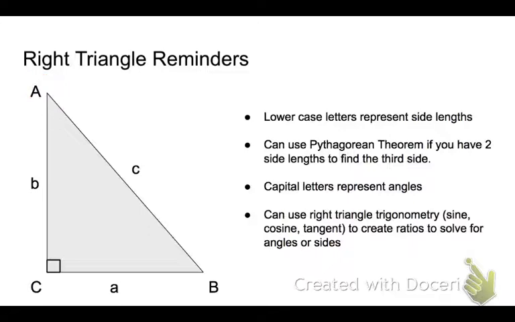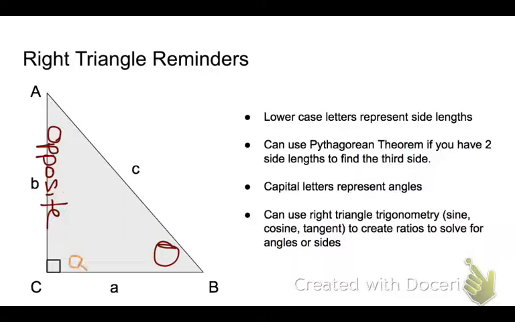Just as a reminder, if we're talking about an angle using the notation theta, this side little a is opposite. If theta is here, b is opposite, because it is across the triangle.